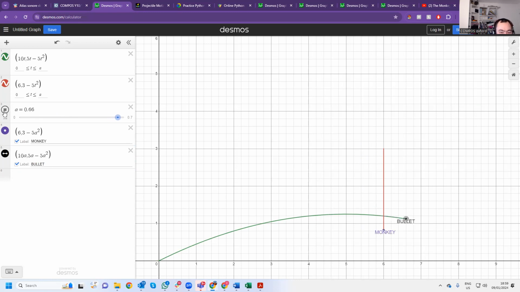And what if that is a fluke? Let's try shooting faster. Let the bullet go faster. So where's the bullet? The bullet is this one. I'm going to double the speed of the bullet. 20.